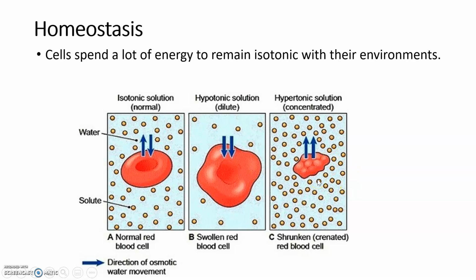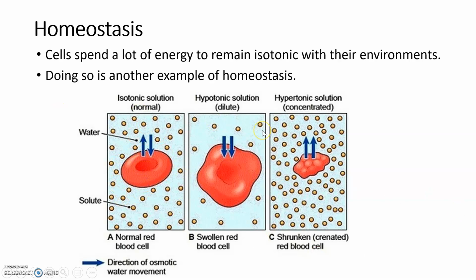So cells actually do a lot of work making sure that they are maintained in an isotonic solution. And this is another example of homeostasis, where cells are maintaining stable internal conditions, a very key characteristic of life.